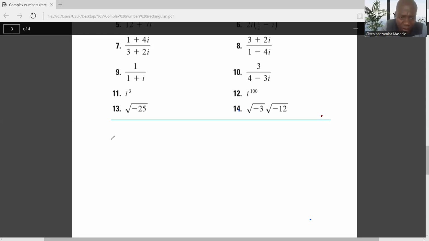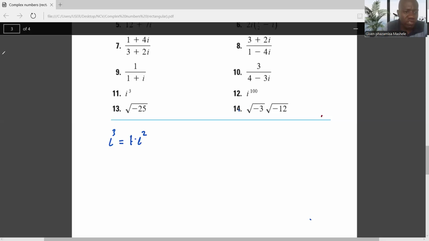i to the power of 3. In terms of exponents, this is the same as i multiplied by i to the power of 2, because when the bases are the same, we take one base and we add the exponents. So it's i multiplied by i squared.